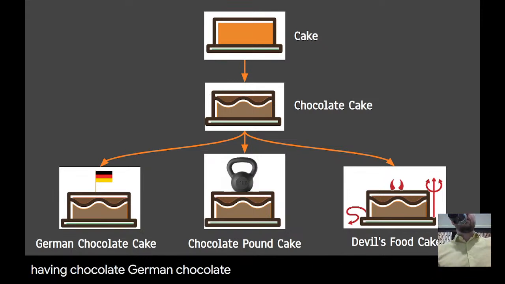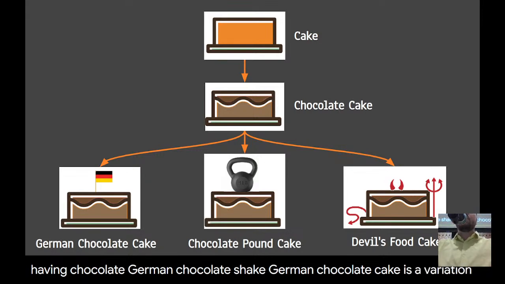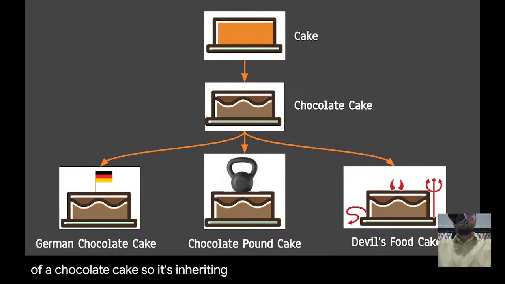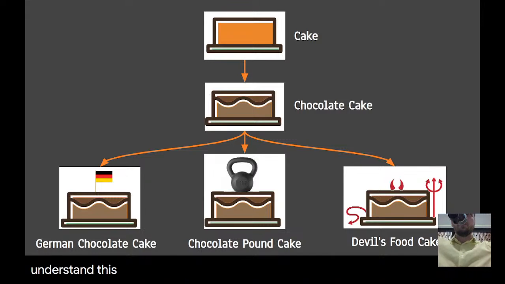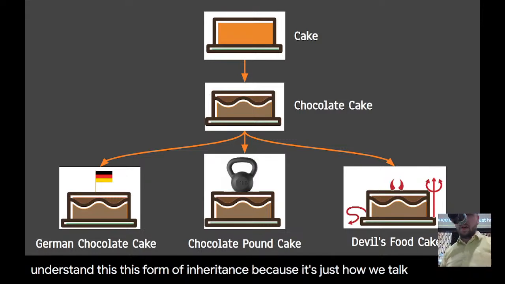A German chocolate cake is a variation of a chocolate cake. So it's inheriting what we get from a normal chocolate cake, and then it is either overriding, like changing some ingredients, or it's adding other ingredients, things like this. And so already our brains are at least adapted to understand this form of inheritance, because this is just how we talk.